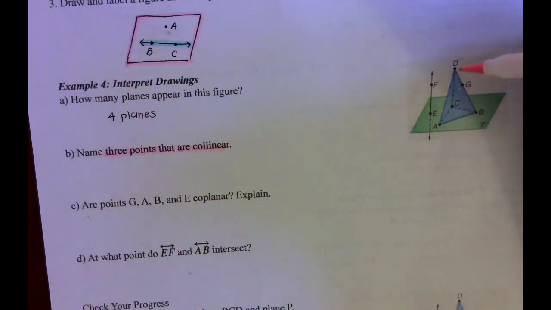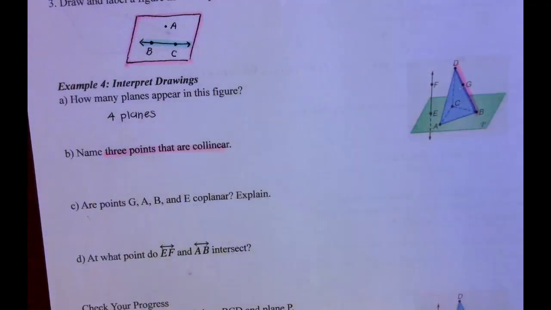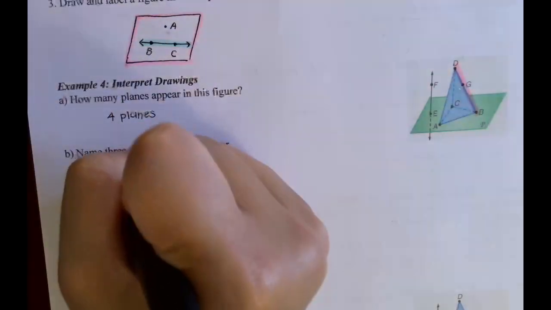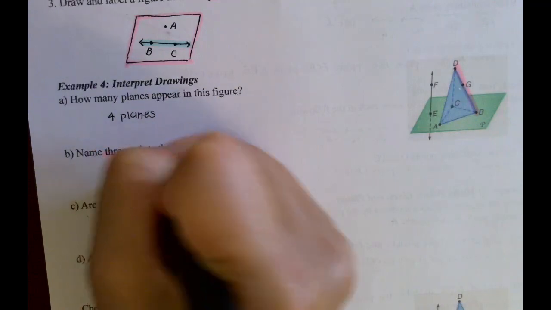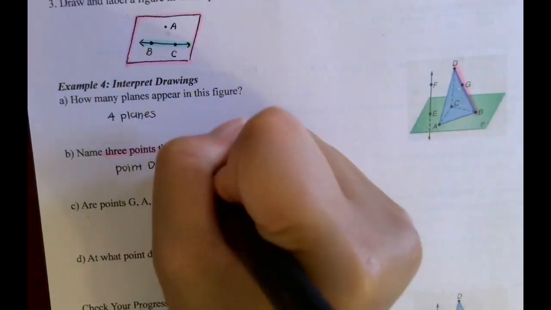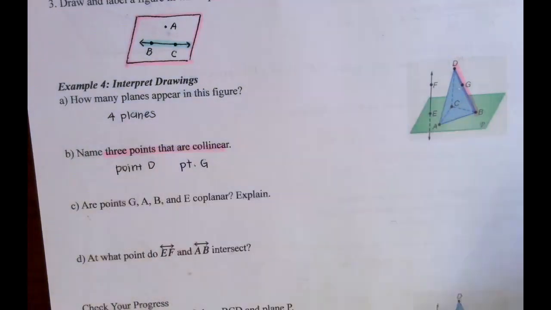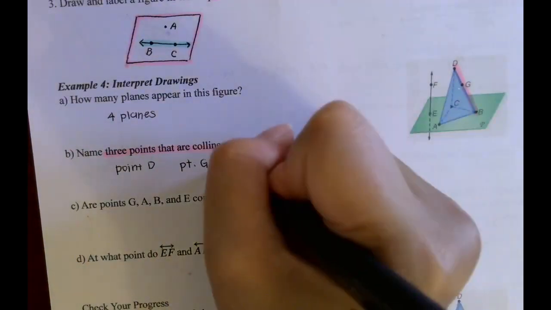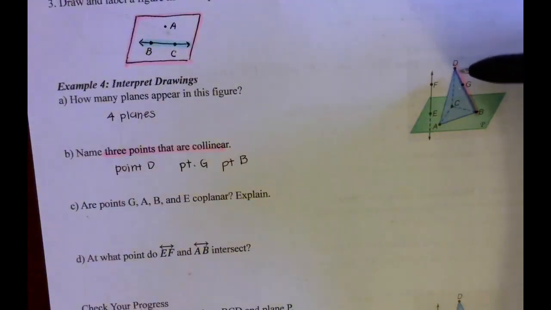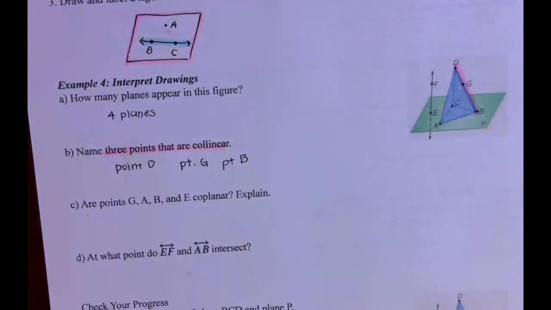The only one I see drawn here that has 3 points is this line. So that's point D, point G, the abbreviation is PT, G, and then point B. These 3 points are collinear because they are with each other on that line.